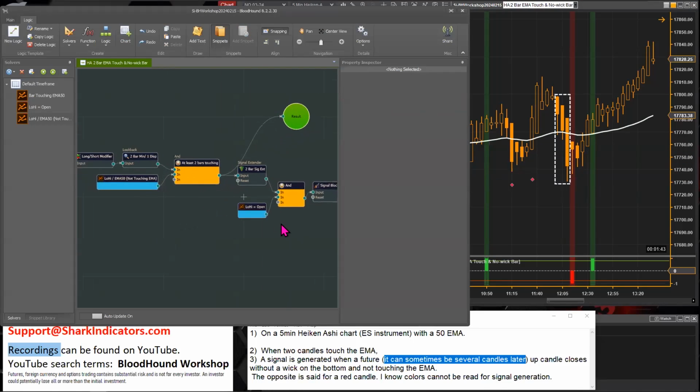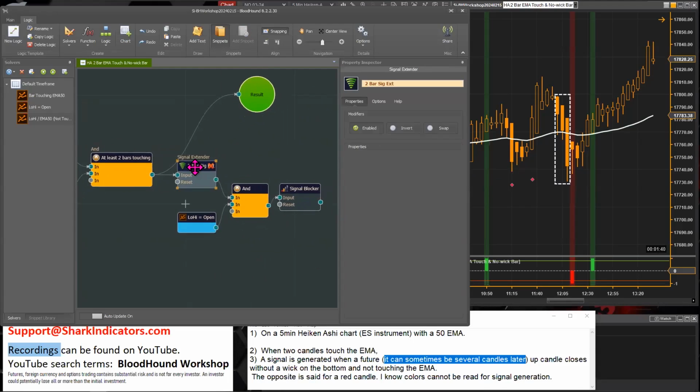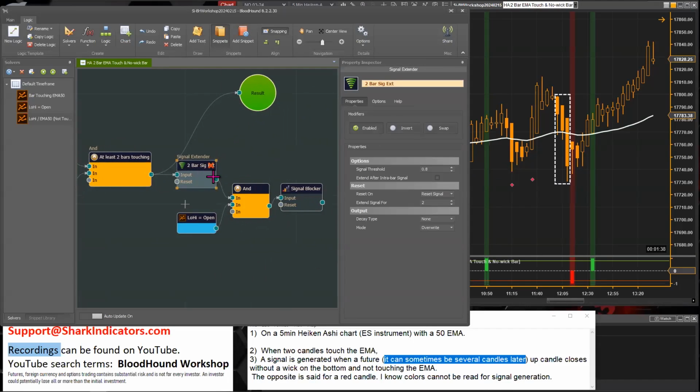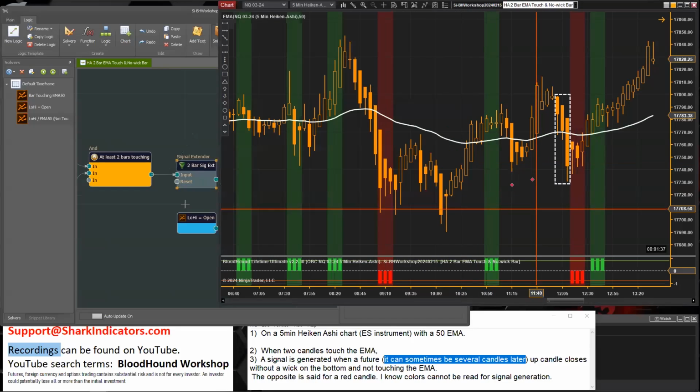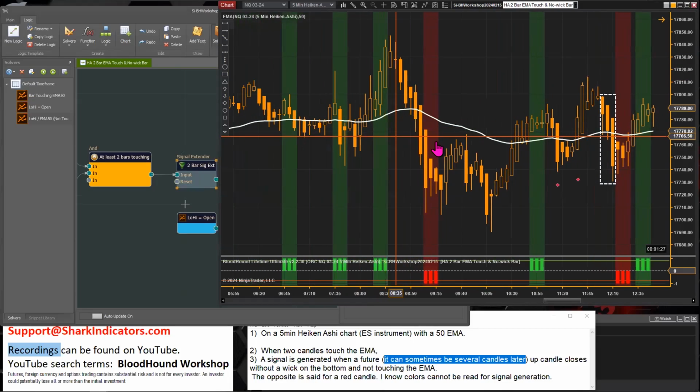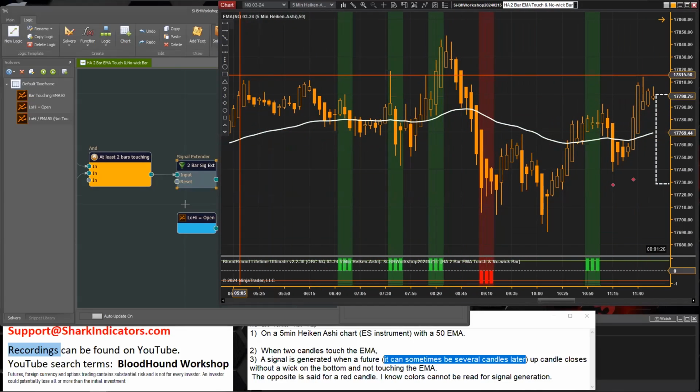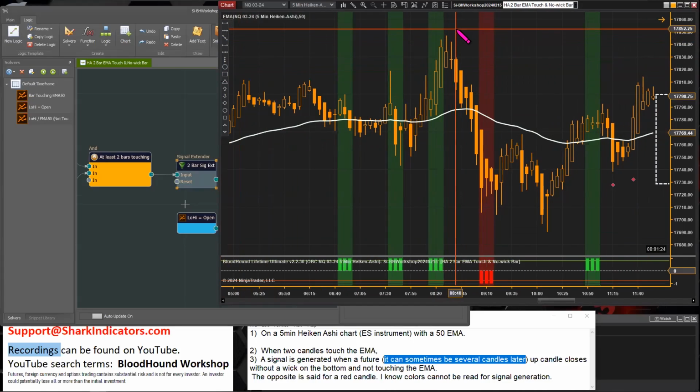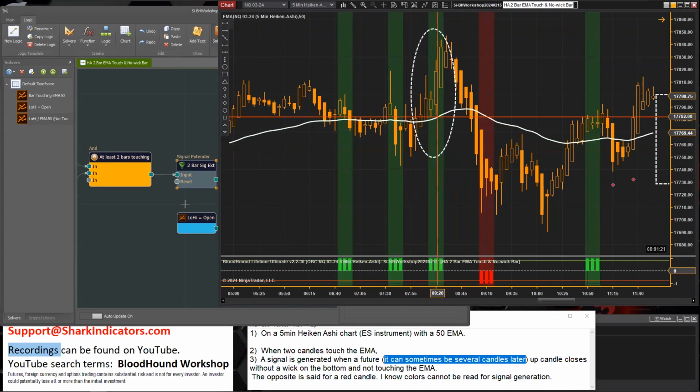And then we use a signal extender, right? Because we want to give these Heiken Ashi bars a couple of bars opportunity. Like right here's a good one here. Yeah, we can see right here, right? We have some up bars, but they have lower wicks, and it wasn't until the 3rd bar that there was a no-wick bar, right?